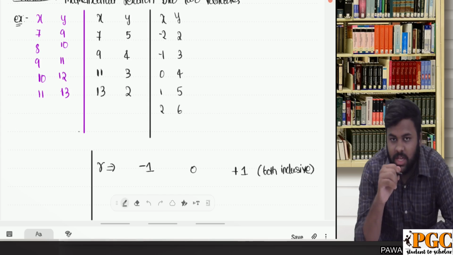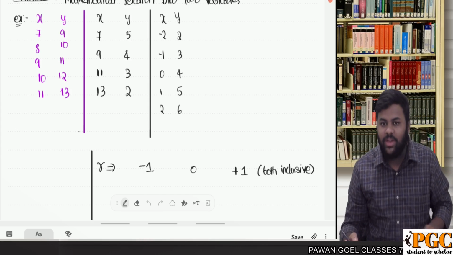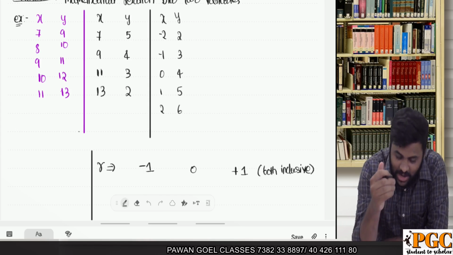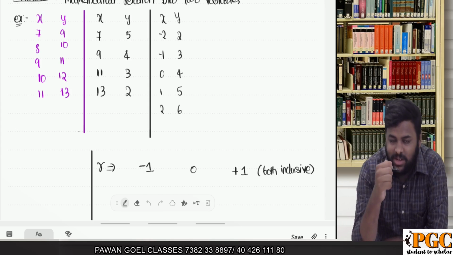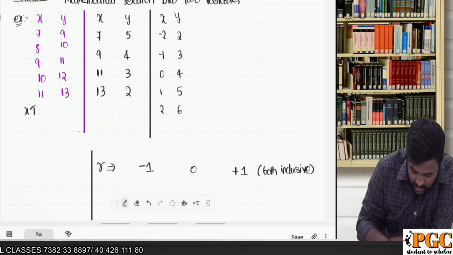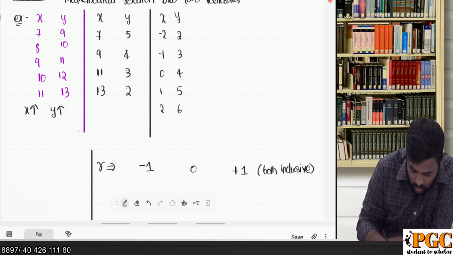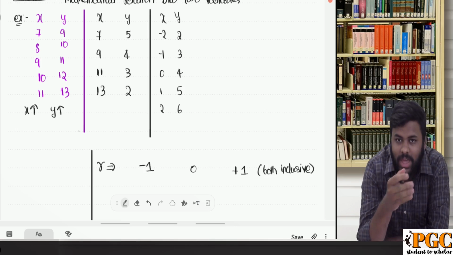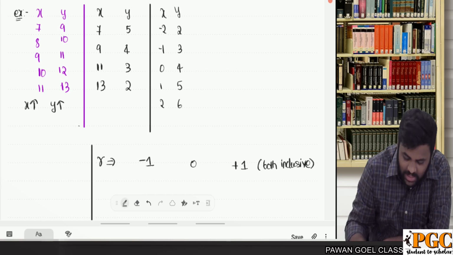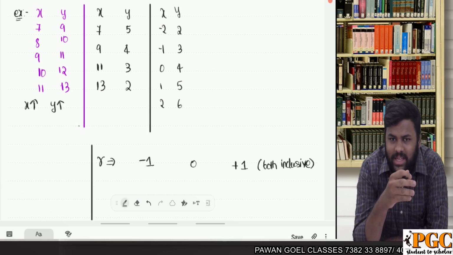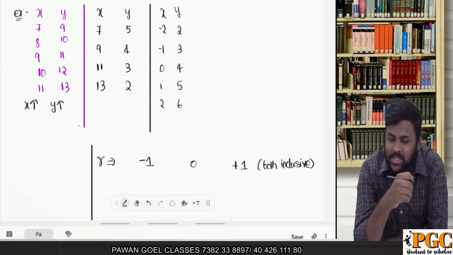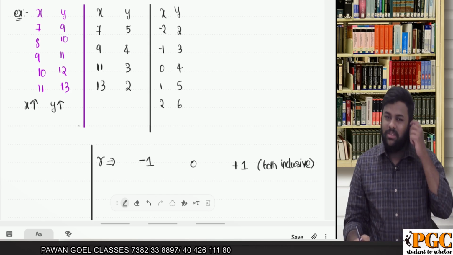In the first case, we have variable x and variable y. Variable x is increasing and variable y is also increasing. Both x and y are increasing. Now, when both are increasing, can I say they have a direct relation, or a positive relation?